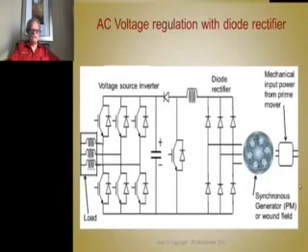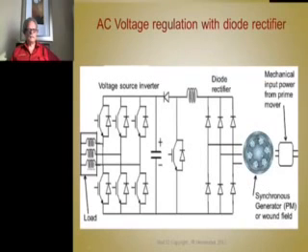This is the circuit diagram for voltage regulation with a diode rectifier. This generator can be a synchronous wound field generator or a PM generator.